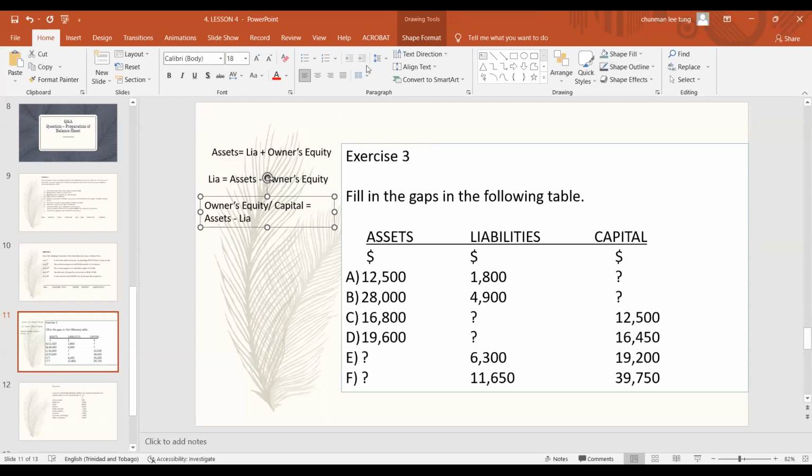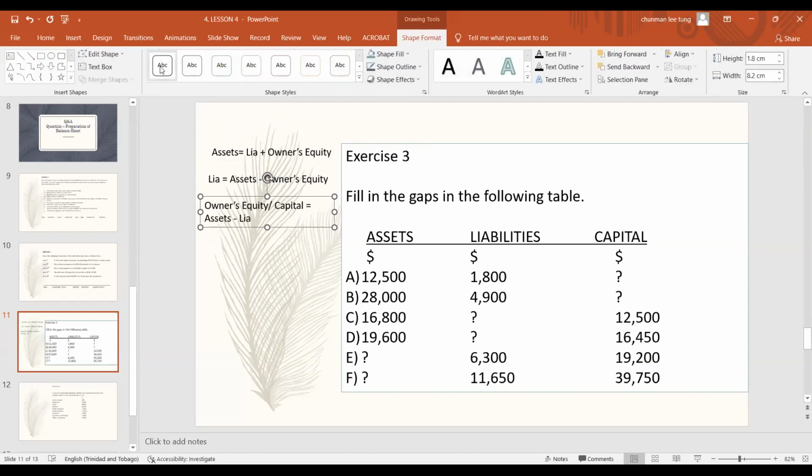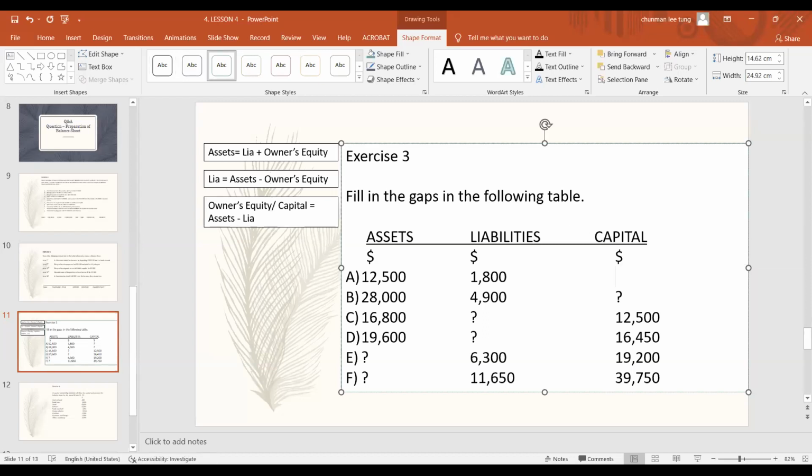If you look at those three equations, for instance the first one, where the question mark is, they ask you what is capital. We know that capital is equal to assets minus liabilities. So your first answer there would be $10,700. That's just an example of the first one.